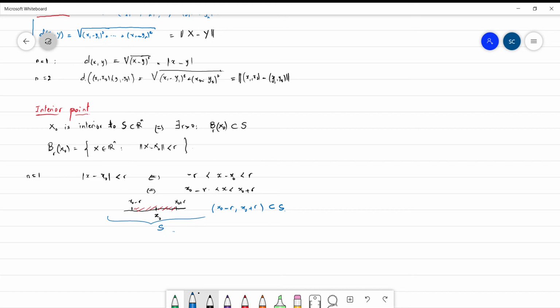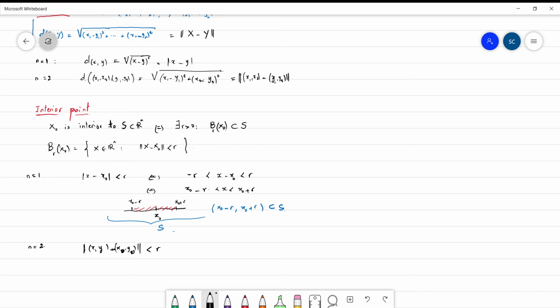In dimension 2, the set will be, if you take x1, y1 and x2, y2, so I changed the notation here: x0, y0 and x, y. We don't need to put 1 here. So we are looking for the set of the points (x, y).